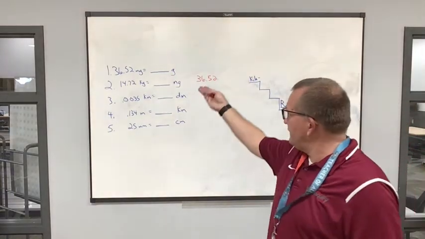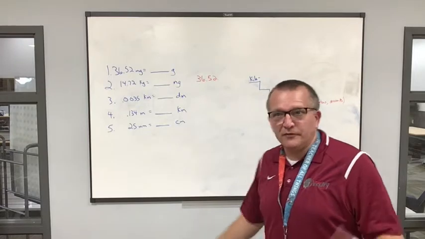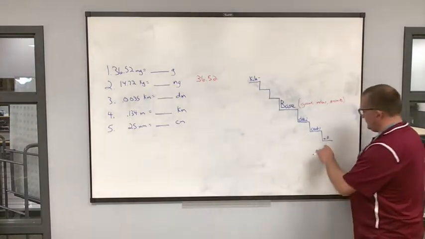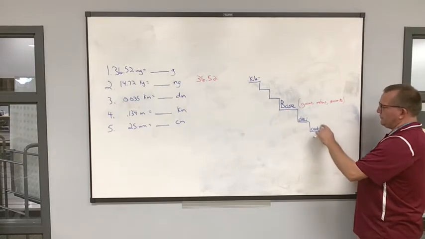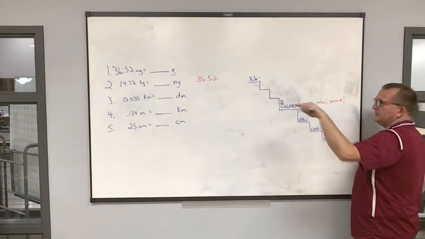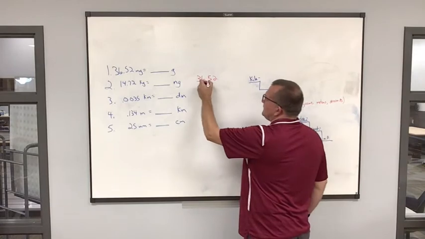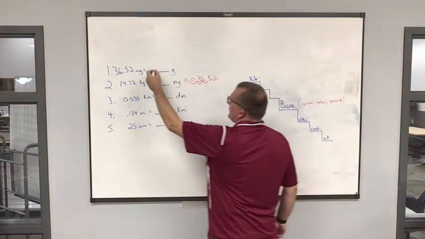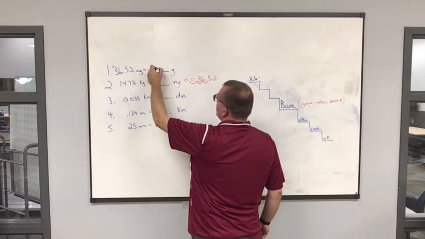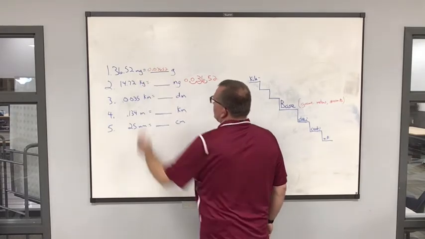In this case, we're talking grams. So I start at milligrams, and I want to go to grams. So I go 1, 2, 3 to the left. Then I move my decimal 1, 2, 3 to the left. So this is 0.03652 grams.